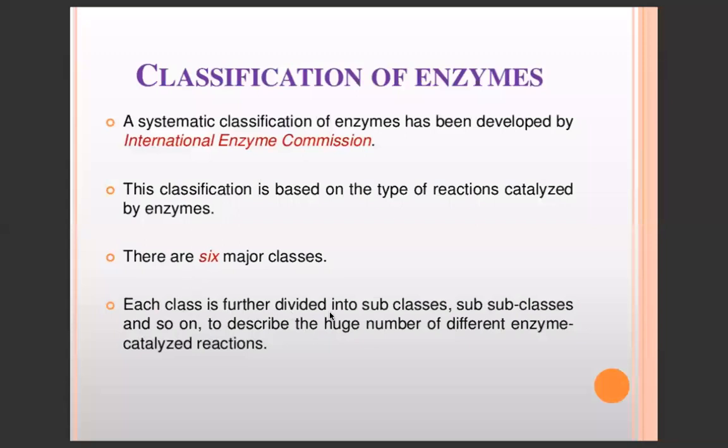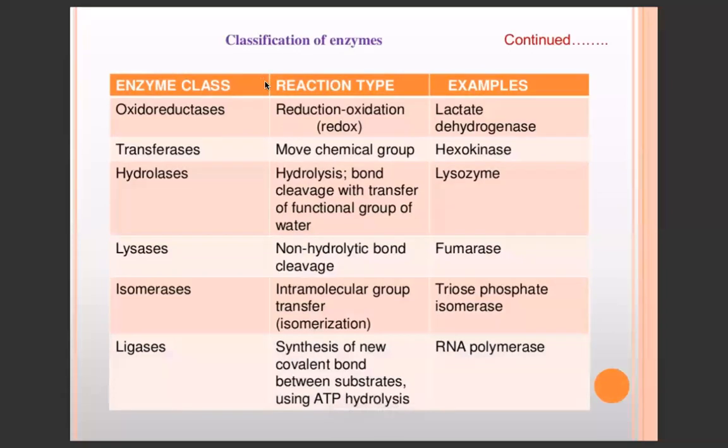Each class is further divided into subclasses, and those into further subclasses. So a huge number of different enzymes are present. We will see this in the next slide. For example, these are the enzyme classes.